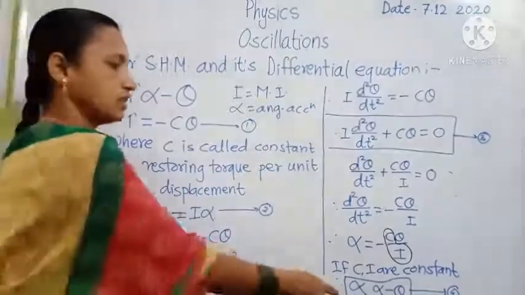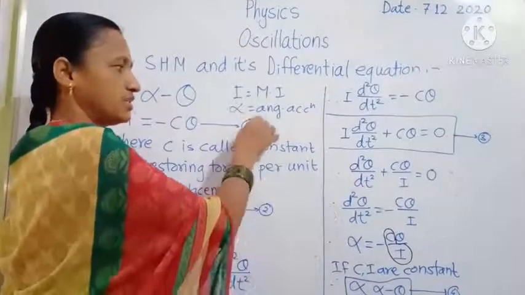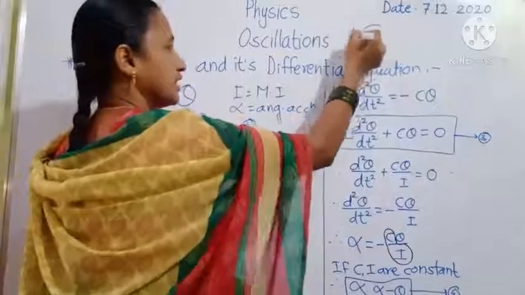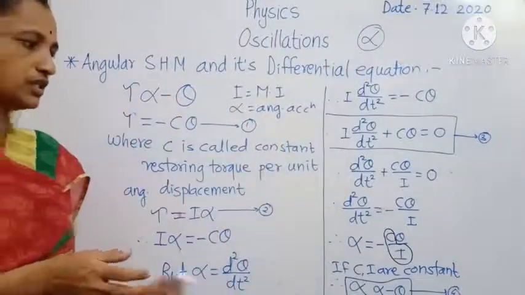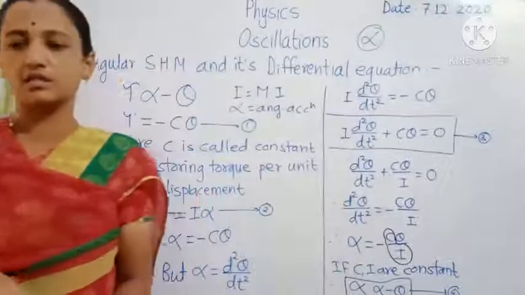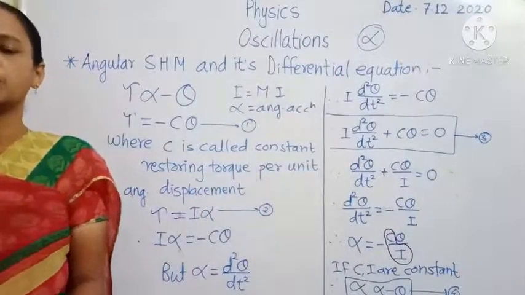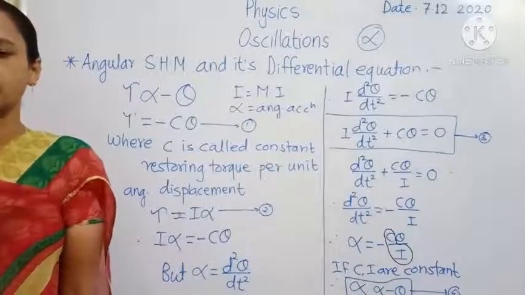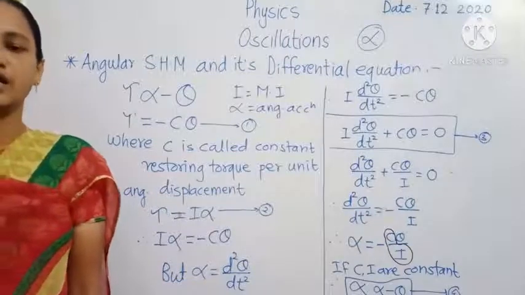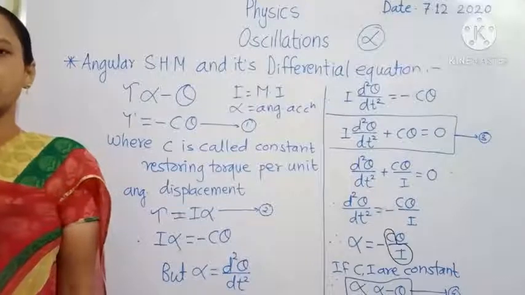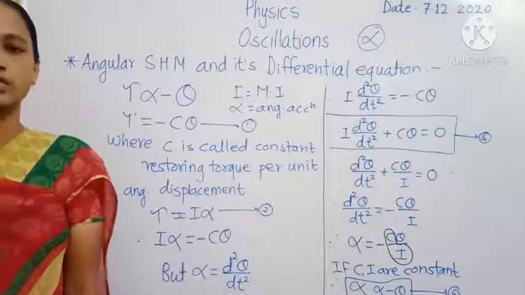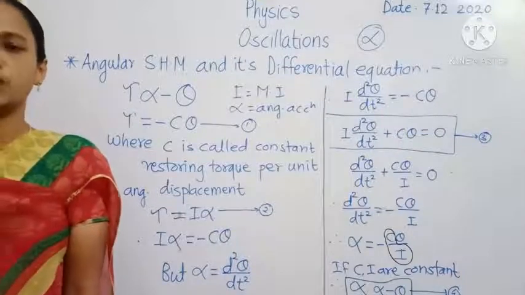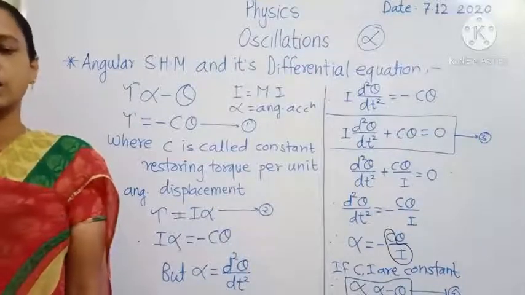The angular acceleration is directly proportional to minus theta. Angular S.H.M is defined as the oscillatory motion of a body in which the torque or angular acceleration is directly proportional to the angular displacement and its direction is opposite to that of the angular displacement.